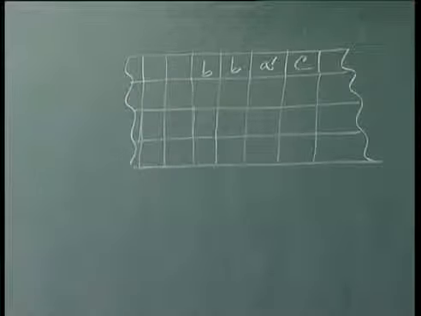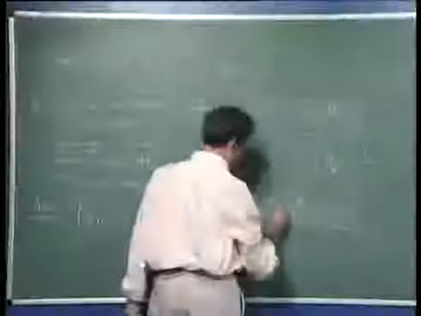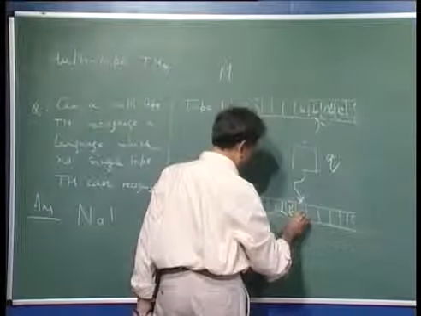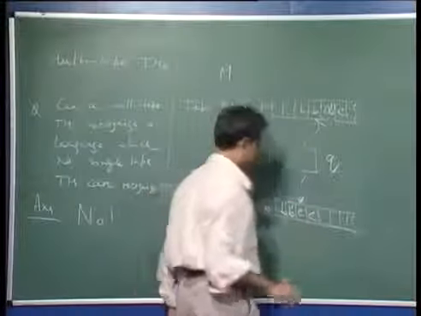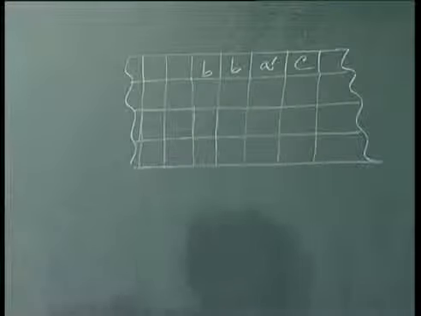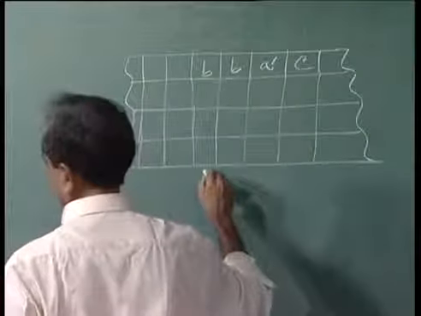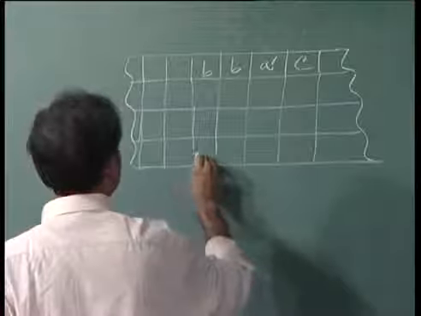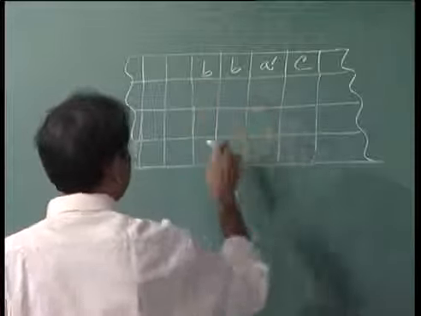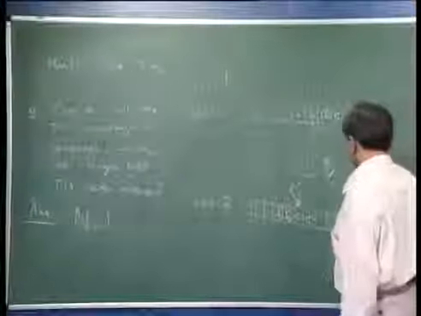So, let us say here we had D B prime C C. It need not be aligned, but in this case you see there is really no question of alignment between this tape and this tape.